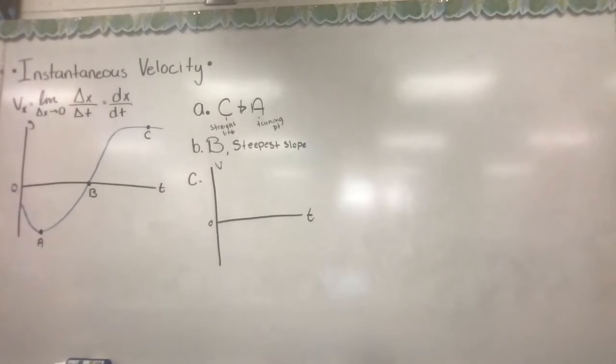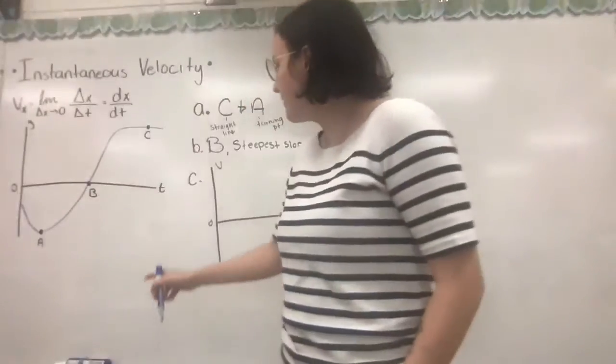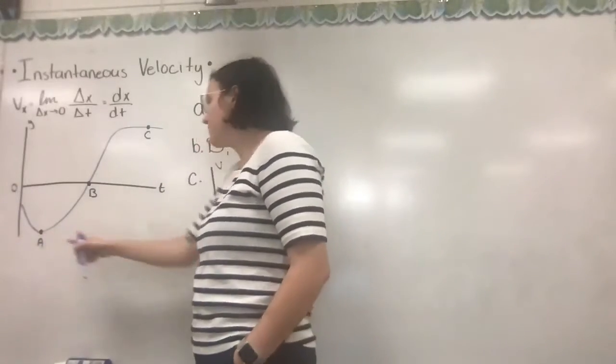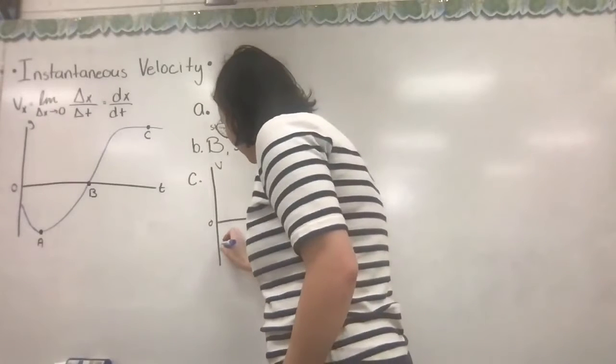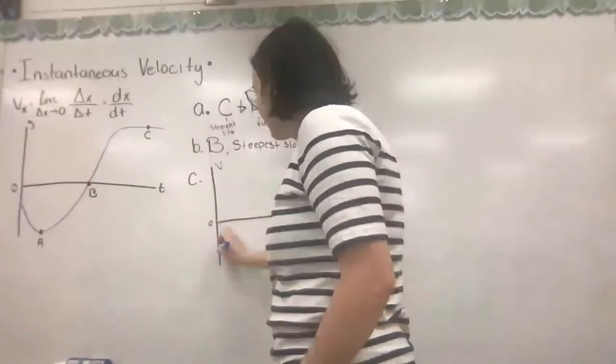It's going down. We have to draw it as velocity versus time now. So what velocity are we at A? 0.